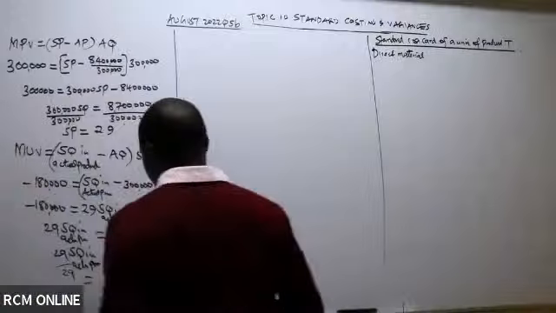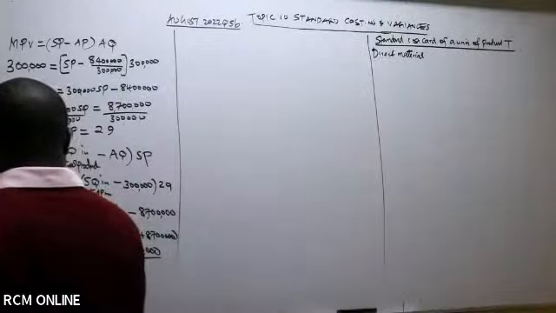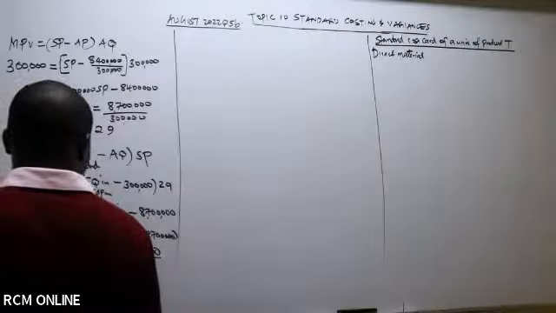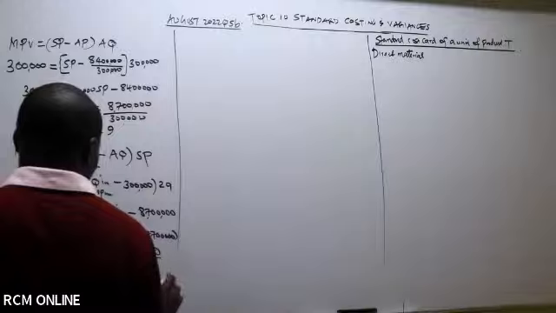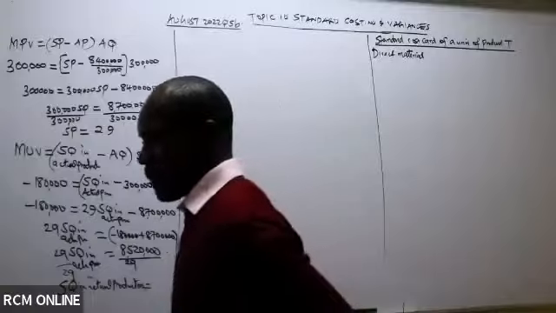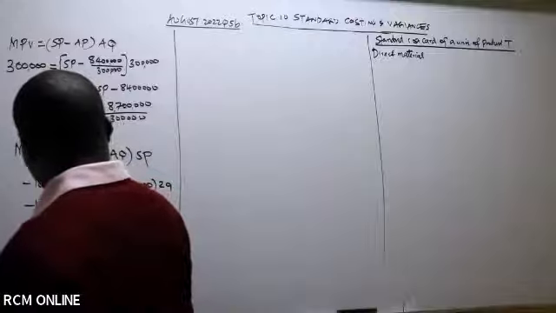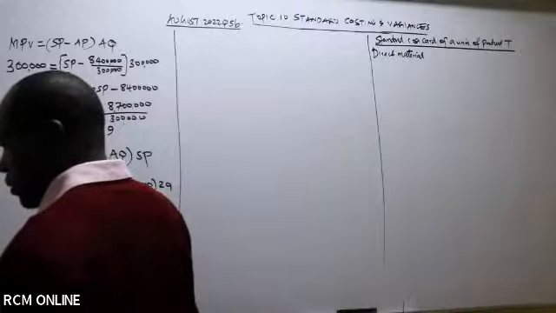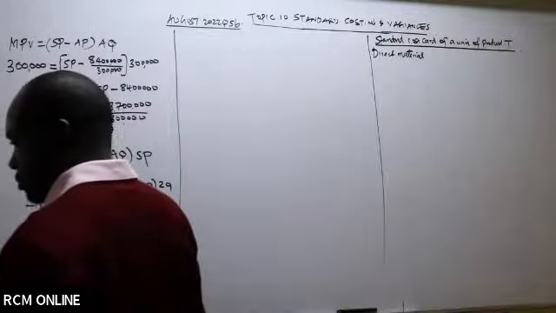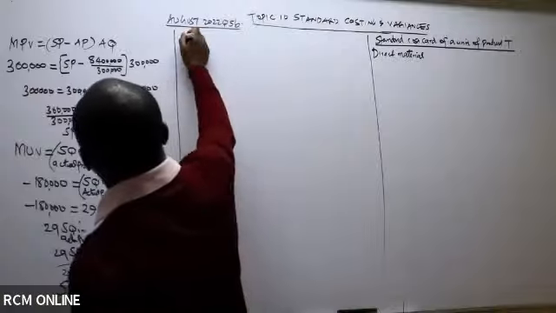Standard quantity in actual production is 293,793.1034. Good.